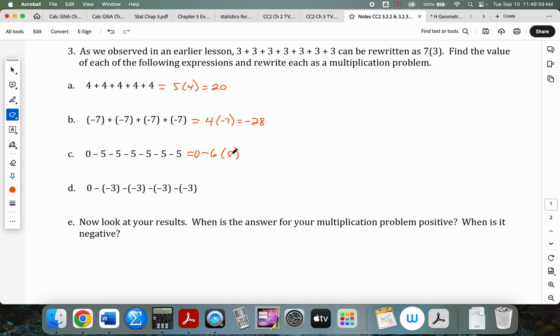So I'm subtracting 5 6 times. That's going to be negative 30. And on this one, then, we're subtracting negative 3 1, 2, 3, 4 times. And that's going to be positive 12.